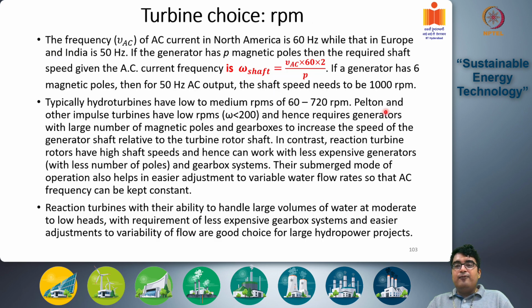So usually, therefore, Pelton and other impulse turbines have low RPMs, less than 200, and hence require generators with a large number of magnetic poles and gearboxes to increase the speed of the generator shaft relative to the turbine rotor shaft. So you have to increase the number of magnetic poles to decrease the generator shaft RPM, or you have to have a large gear ratio between the two.